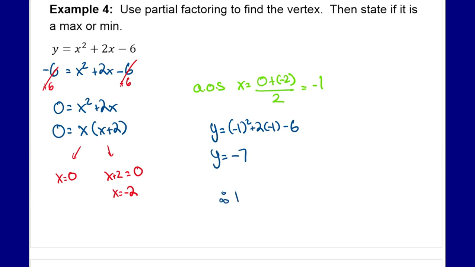So therefore, my vertex is negative 1, negative 7, and it is a minimum point. Again, it opens up, because the a value is 1, or positive, so it's a minimum point.